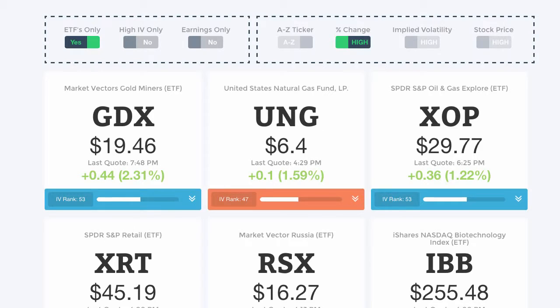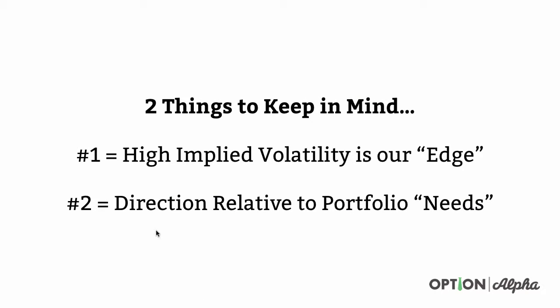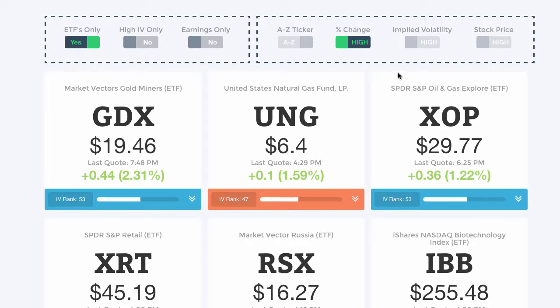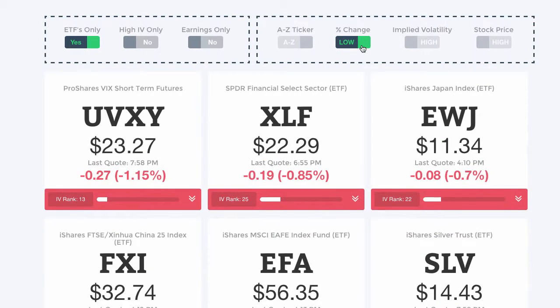So again, back to the slides that we had before, asking yourself the direction relative to portfolio needs. So if your portfolio needs to find a bearish trade, well, it might be helpful to come in here and see which ETFs are moving down really hard right now. So which ETFs might continue to move down in the future.